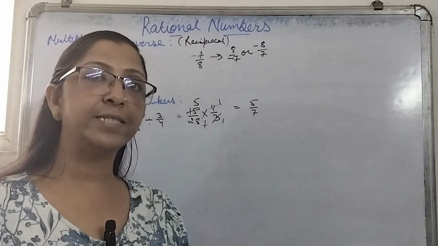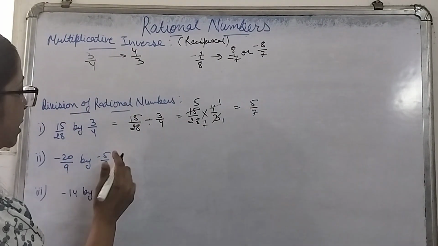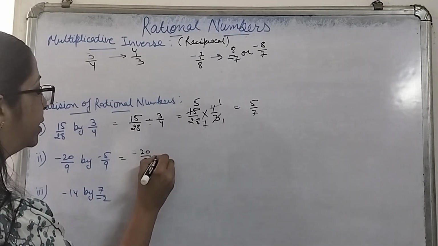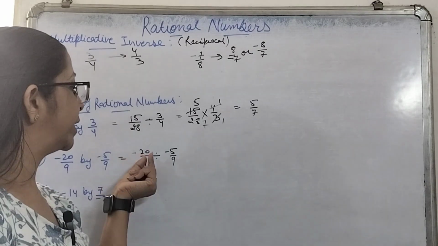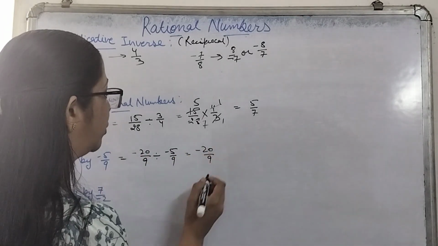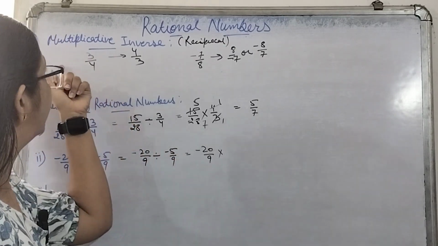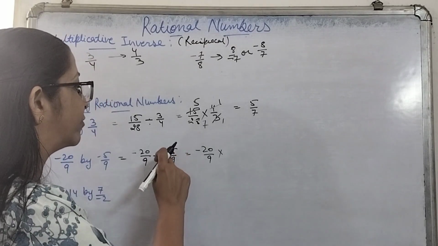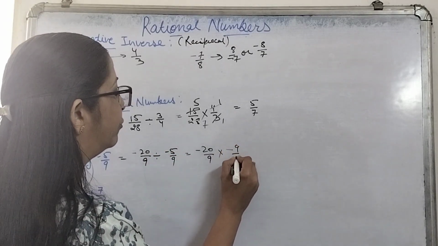Both mean the same. Now, if we have to divide minus 20 over 9 by minus 5 upon 9, this could be written as minus 20 over 9 divided by minus 5 over 9. Now instead of division, we will be taking the multiplication sign. So minus 20 over 9 multiplied by the multiplicative inverse of minus 5 upon 9, which will be minus 9 over 5.